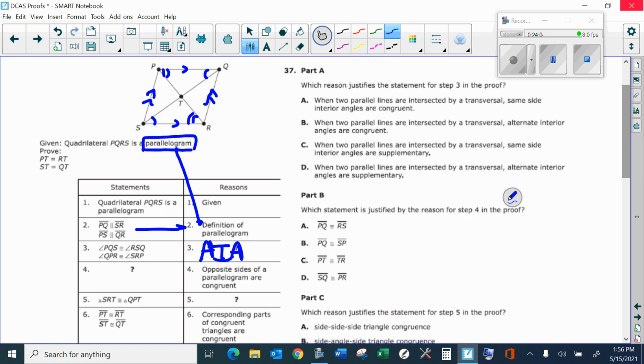It's going to this one, AIA also. So we have that one. Two parallel lines are intersected, alternate interior angles are congruent. AIA right there. Remember I told you they're going to write out the definition of the AIA theorem. That's what the AIA theorem says. So it's the most popular one.